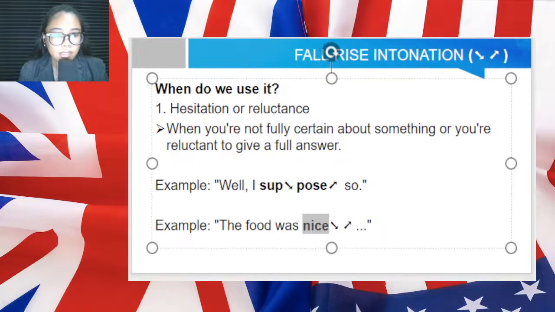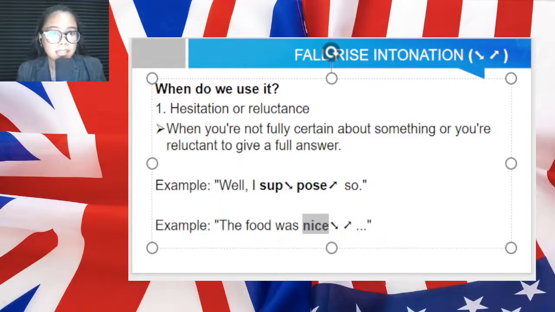The voice here falls on the initial part of nice and then rises sharply at the very end of the word. So the initial fall could imply a superficial, positive evaluation, or another term would be judgment. However, the subsequent rise, particularly when followed by an implied silence or continuation, completely transforms the meaning.